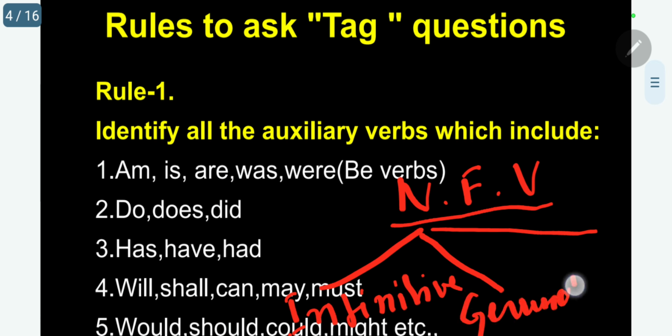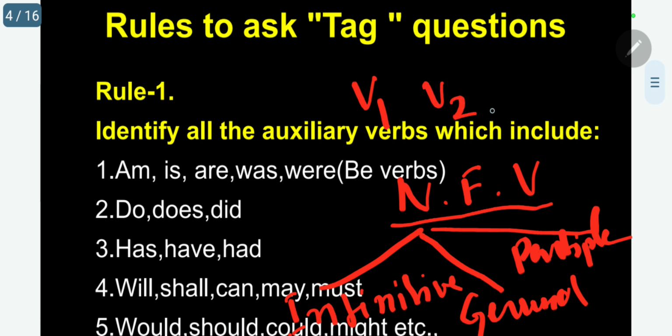And third is participle, past participle. Kindly follow. Whenever you study any grammar book, commonly they use three terms: V1, V2, and V3. What is the meaning of this? V1 present verb, V2 past tense, V3 past participle.